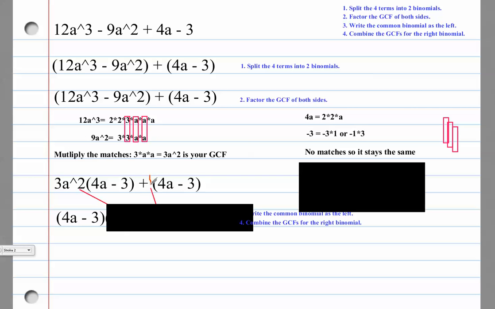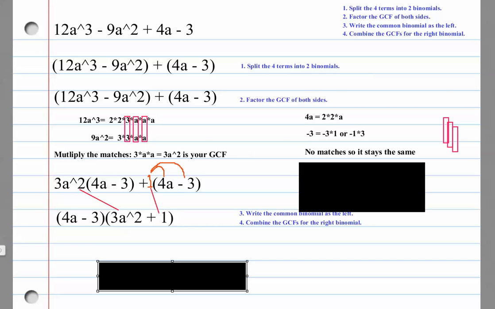We can put a 1 in front of the parentheses right here, and it can stand as our GCF because we don't have one. And 1 times 4a doesn't change the value of 4a, and 1 times negative 3 also doesn't change the value of negative 3. So we're not altering the question in any way, it's just putting that placeholder there to help us answer the question.